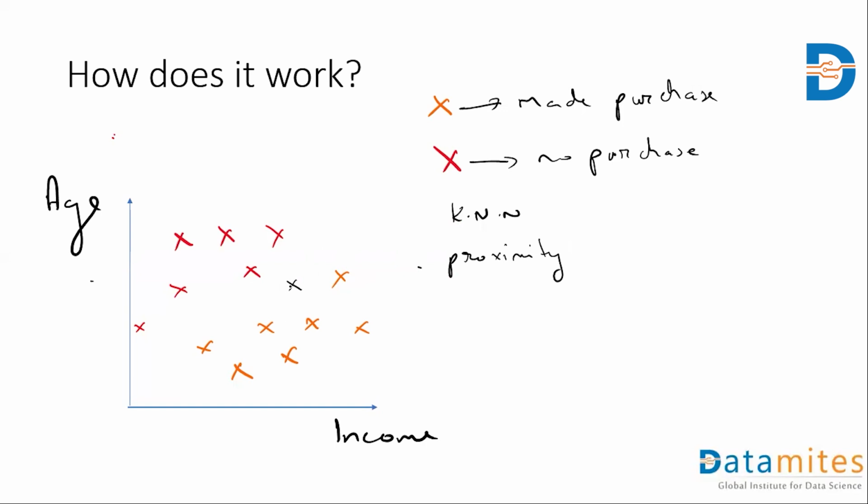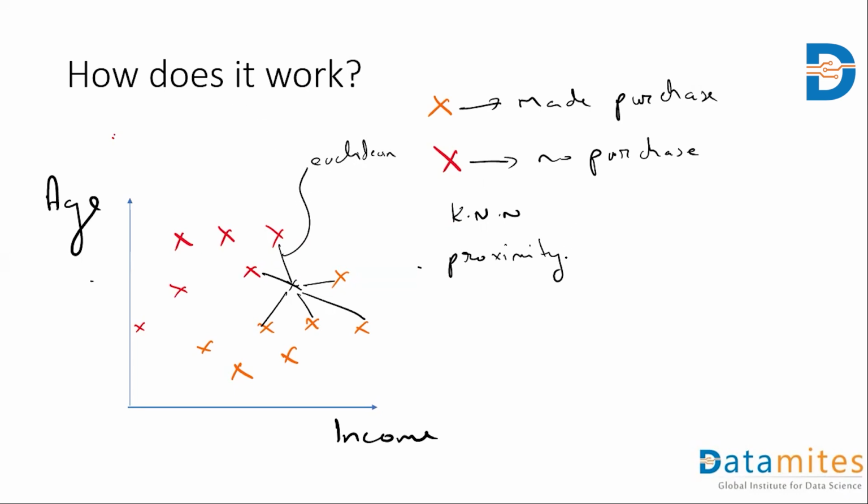That is to say, it will calculate the distance between this, this, this, and pretty much every data point that you see over here. And this usually is a Euclidean distance. You have other distance metrics as well, right? But commonly what is used is Euclidean distance.